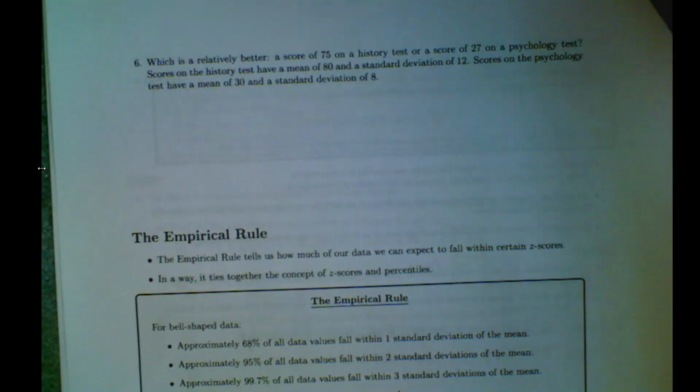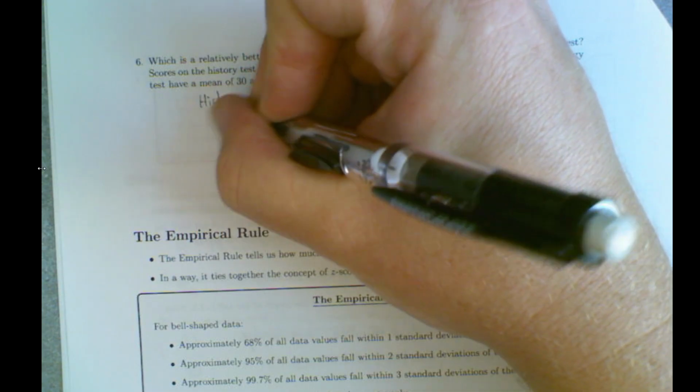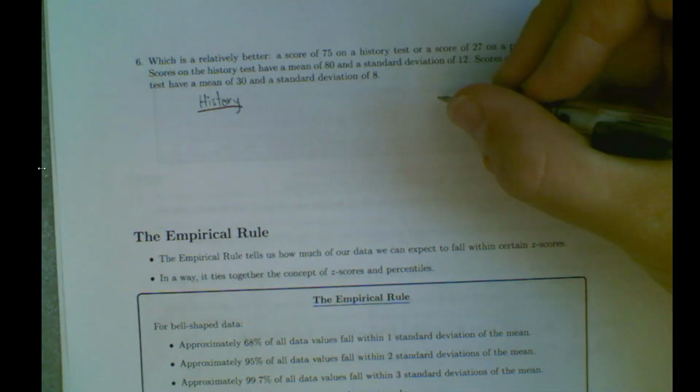Well, I'm going to go ahead and compute the z-score for both of those test scores, and whichever z-score is larger is relatively better. Okay, so we had a history test and we had a psychology test.